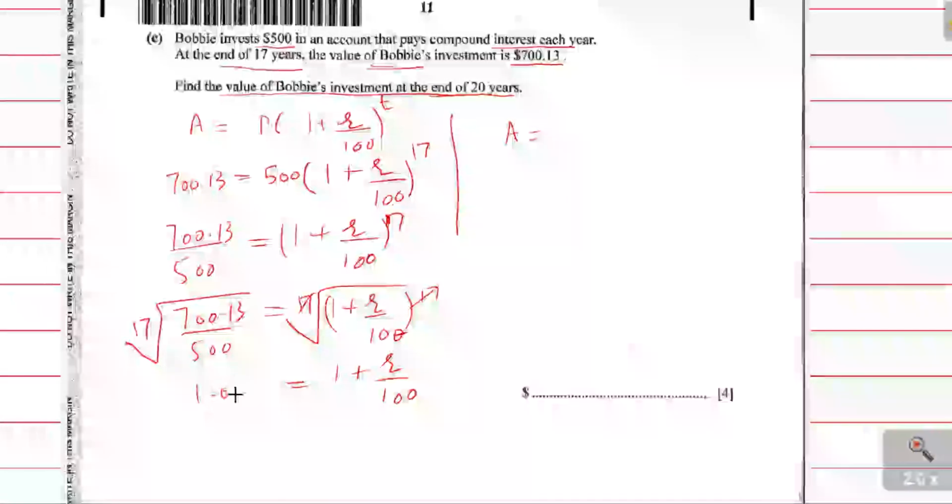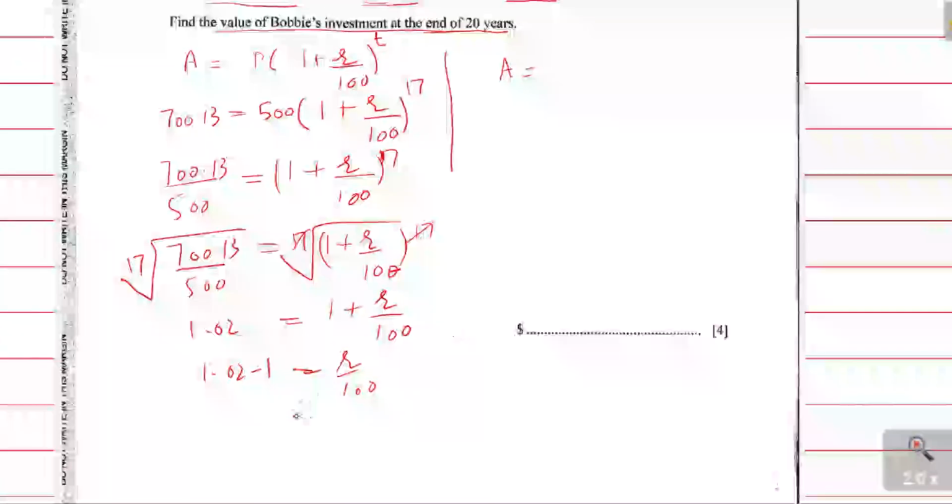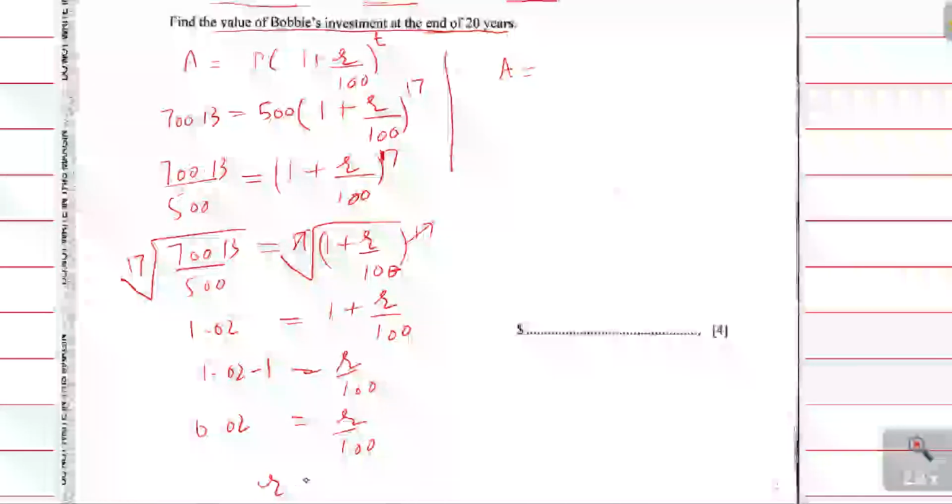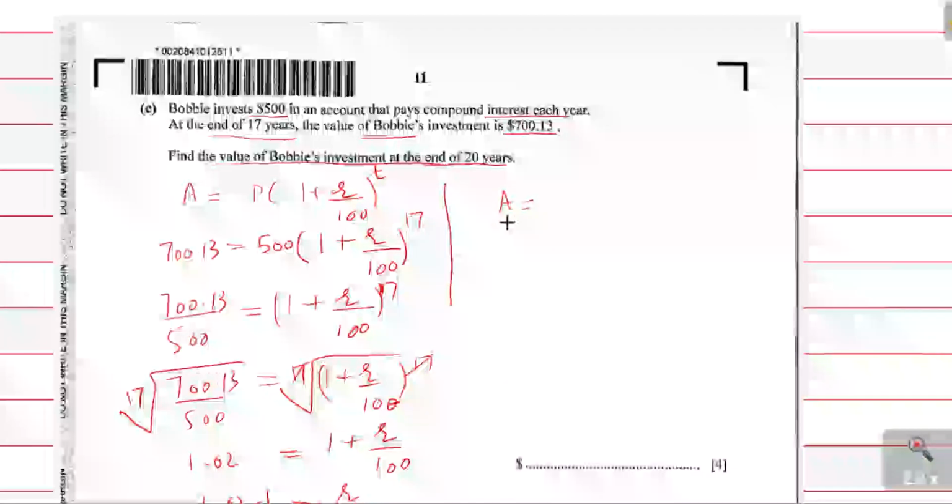We write here 1.02, and we can write R over 100 equal to 1.02 minus 1, and this value will be equal to 0.02. R over 100 is 0.02, and R will be equal to 0.02 multiplied by 100, which is 2, so 2%. Now, if the rate is 2%, what would be the investment at the end of 20 years? We can calculate A equal to P times 1 plus R over 100, whole power 20.